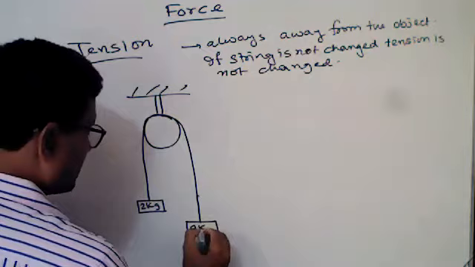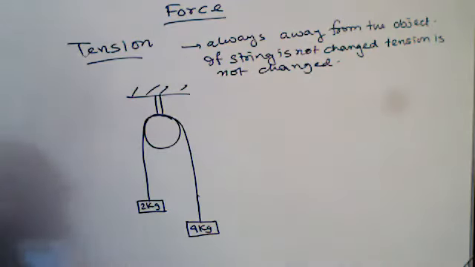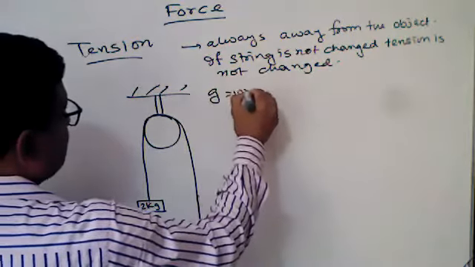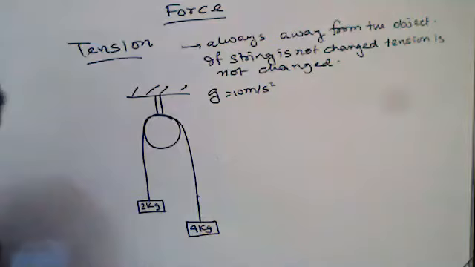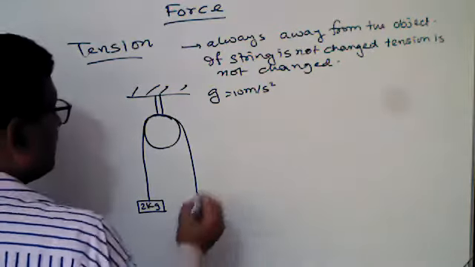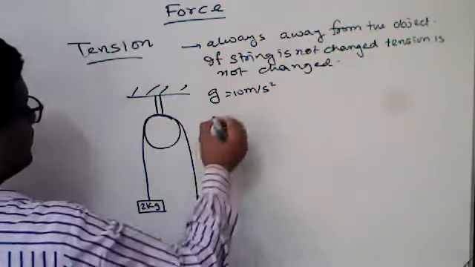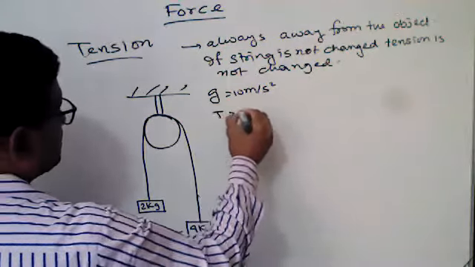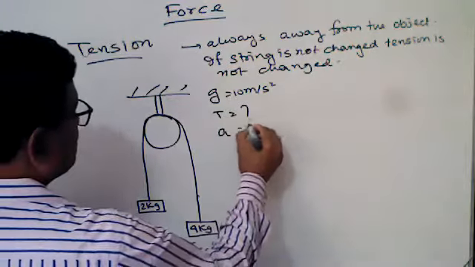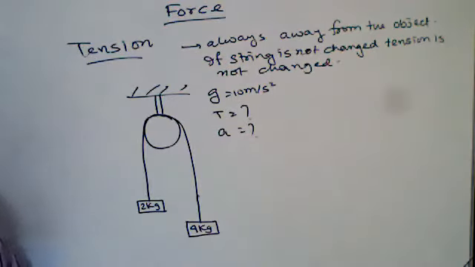This is the 4 kilogram. Suppose G equals 10 meter per second square. My question is, T equals what and A equals what? Tension equals what and acceleration is what?